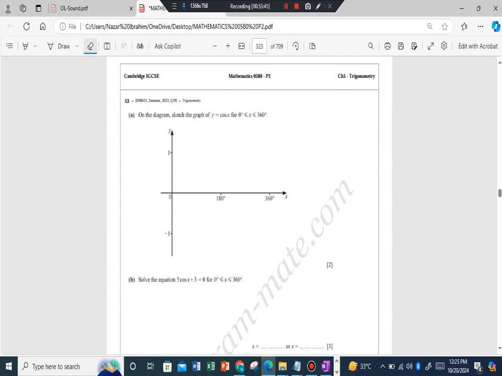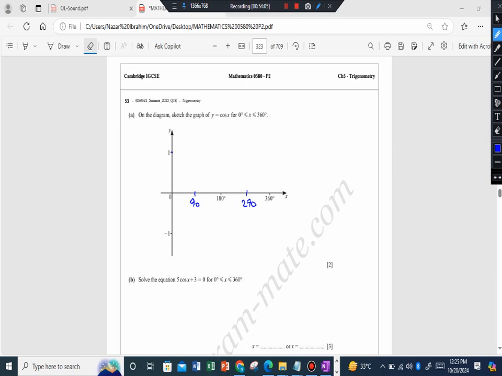Again, the sketch of cos theta, as we have done earlier. Let's first mark the values, that is 90 and 270. I previously told you that the cos curve starts from 1 because cos 0 is equal to 1.